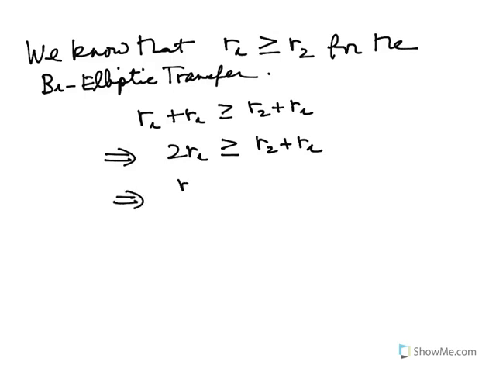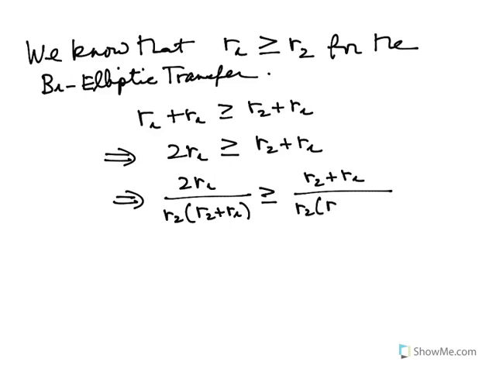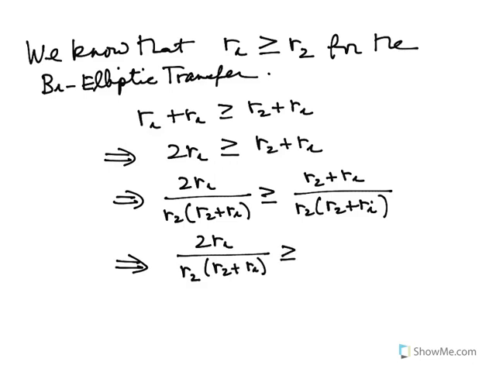That means that 2Ri divided by R2 times R2 plus Ri has to be bigger than or equal to R2 plus Ri divided by R2 times R2 plus Ri. So you can see that the R2 plus Ri cancels out on the right-hand side, giving 1 over R2.